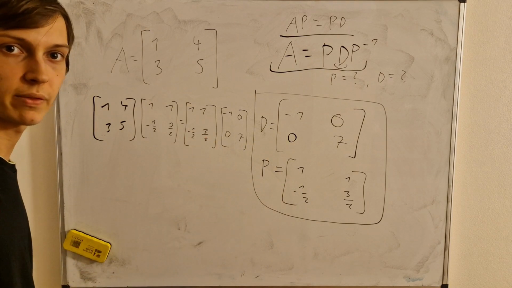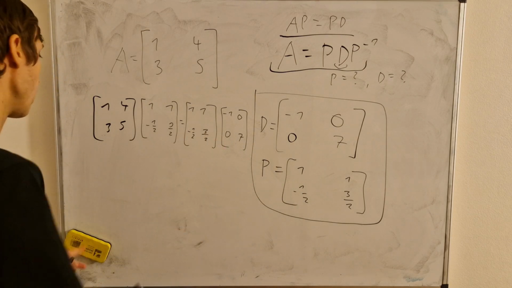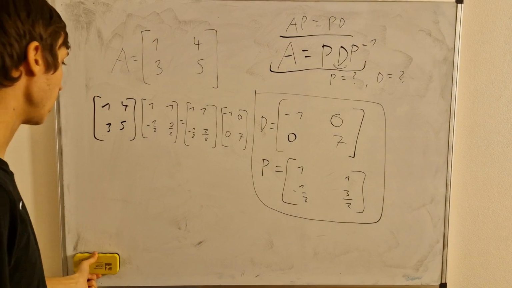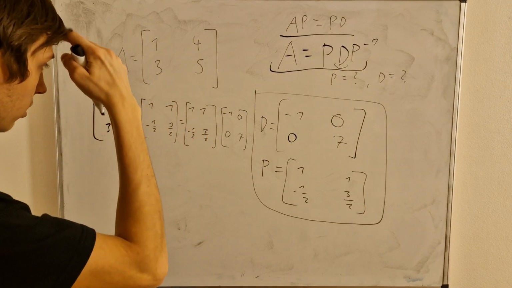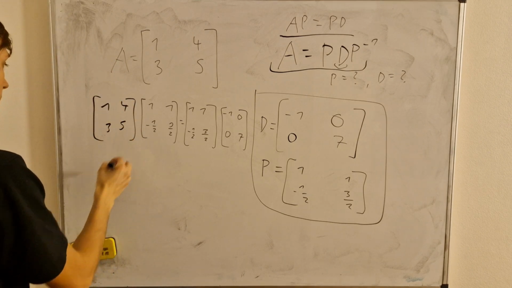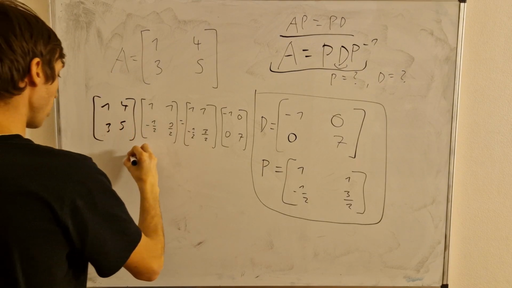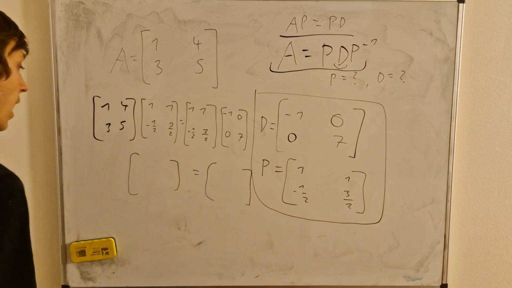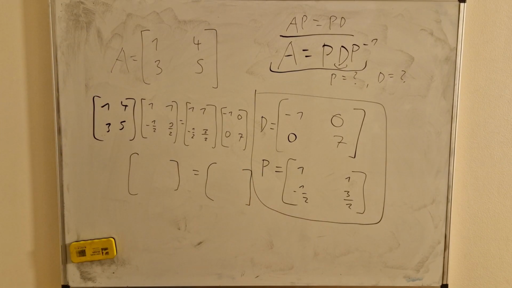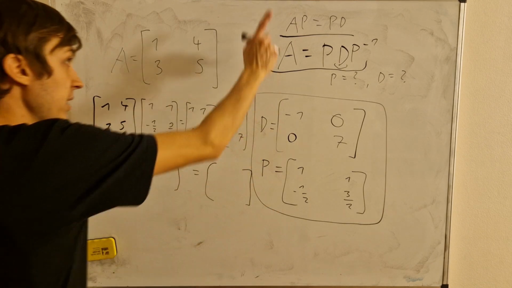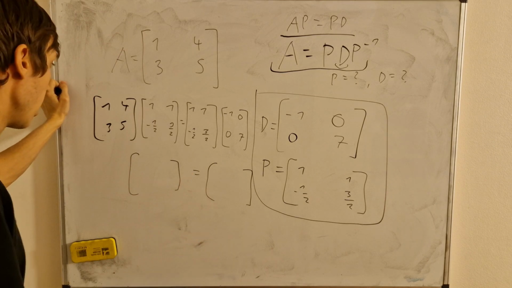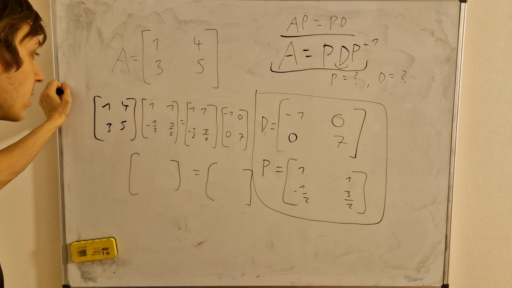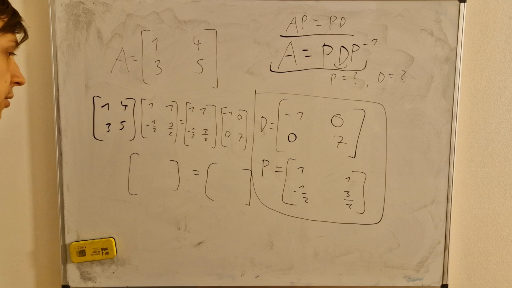I'm not going to go into it very closely in this one because, again, that's usually taken into account before such a topic. I'm just going to say that on both sides the result will be a 2 by 2 matrix. And it should be equal, of course, because we have the equal sign and we're expecting it by this equation. That's what we're checking. You might see the pattern or you might not, if you don't know how to multiply matrices, but I'm going to just do it here.